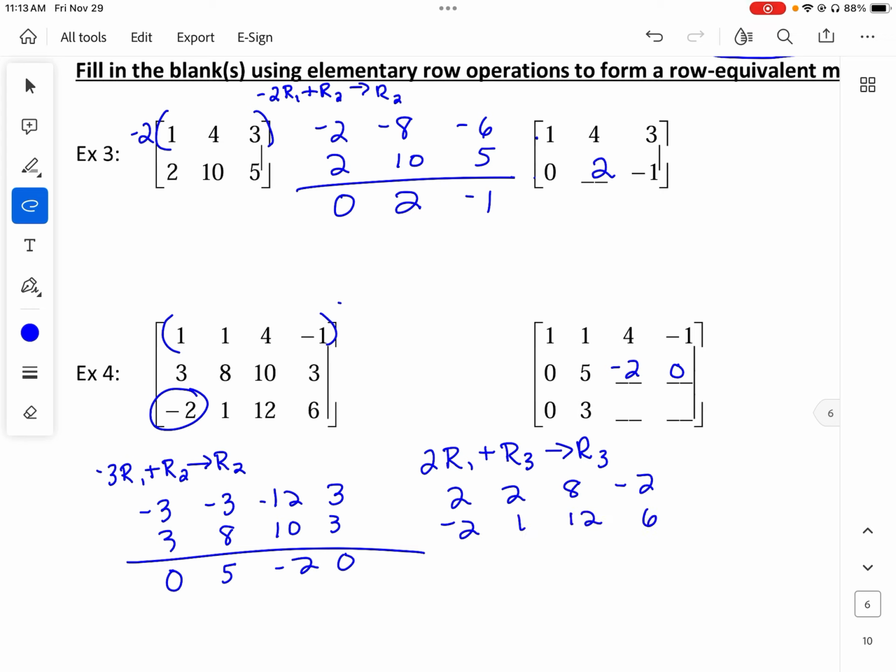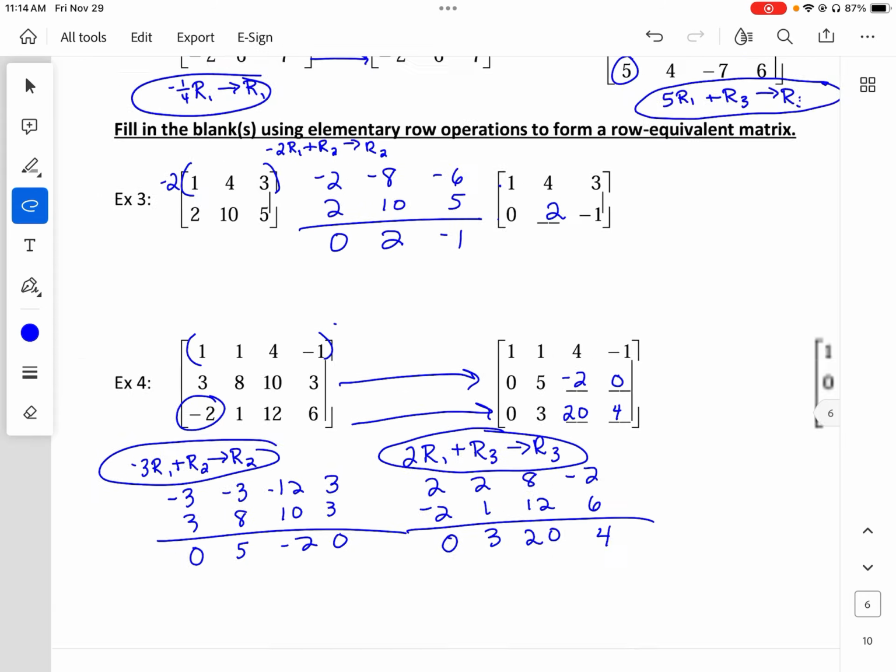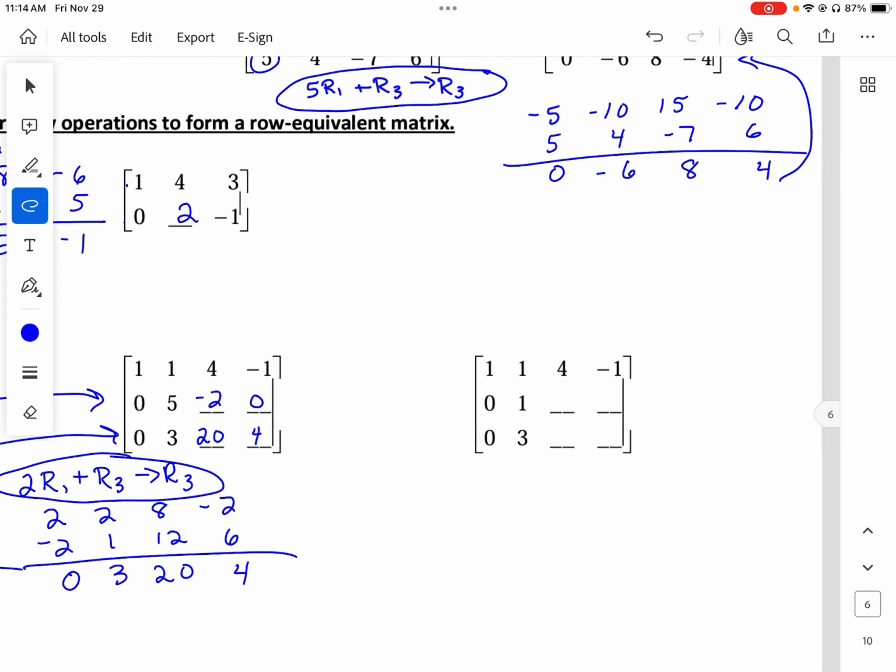So I multiplied row 1 by 2, and then I'm adding it to row 3. I get 0, 3, 20, and 4. So go ahead and fill in the blank here. Okay, so that's how to go from there to there. From this one over here, we did these 2 operations to change row 2 and row 3.